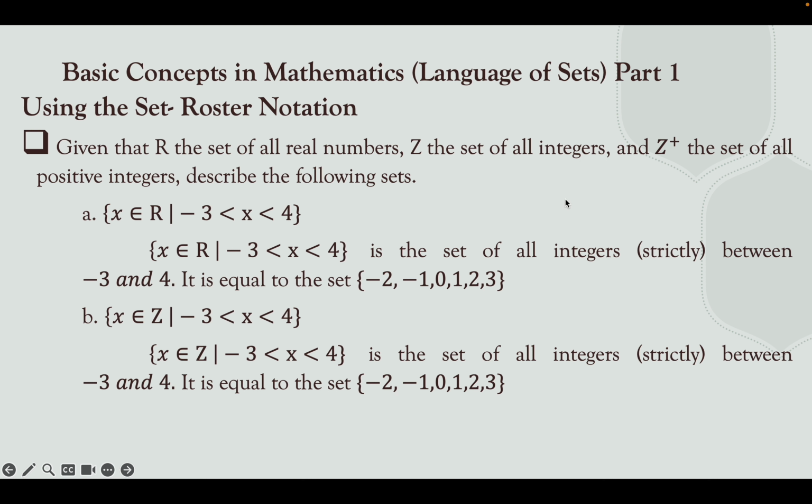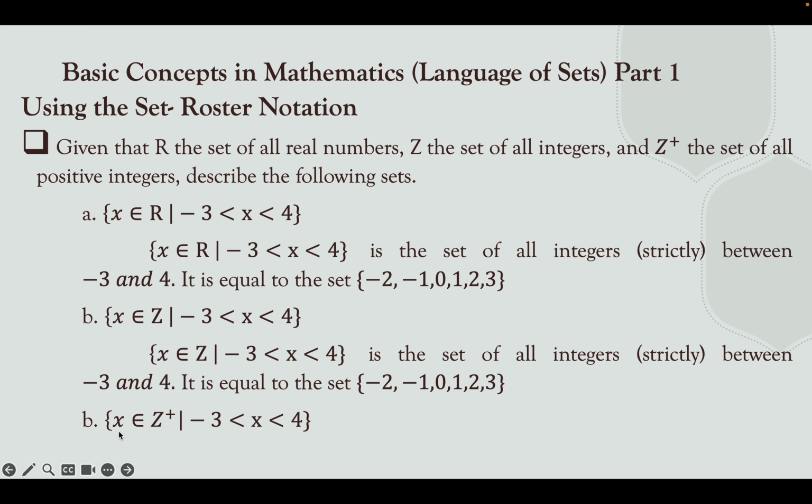Take note for letter A, the set of all real numbers. Sorry, it's not integers, it's real numbers, since R represents the real numbers. And letter B, the set of all integers. But again, integers are under real numbers. So that means they have the same answer.